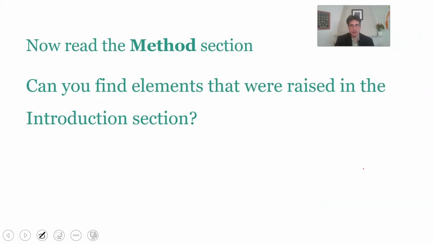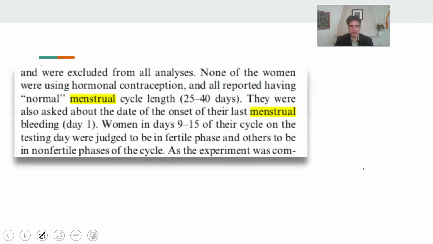And so now, if you read the method section, can you find elements that were raised in the introduction section? And indeed, you do find them. In the introduction section, menstrual cycle was mentioned, as we just saw.